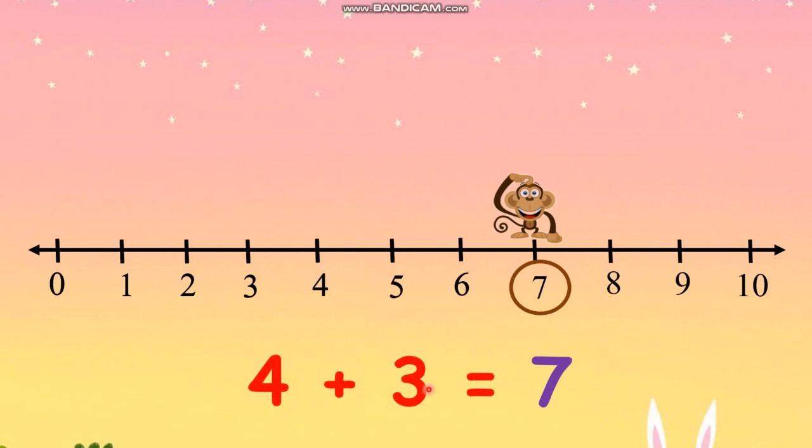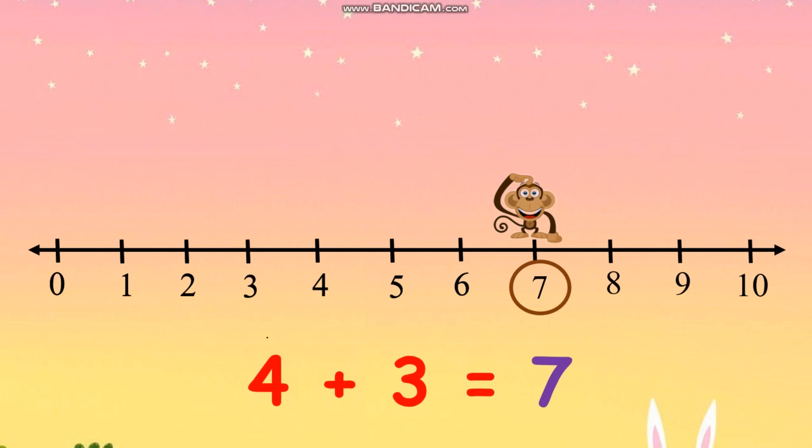Have you understood? First we will keep our pencil on 0, and then first we will have a look at the first number. We will see the first number. Just a sec children, just let me change the color. Okay, so first we will be at 0.